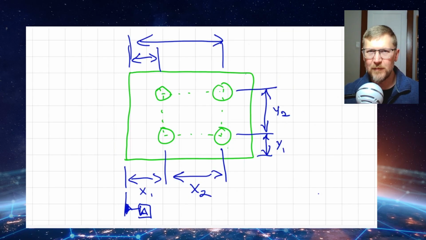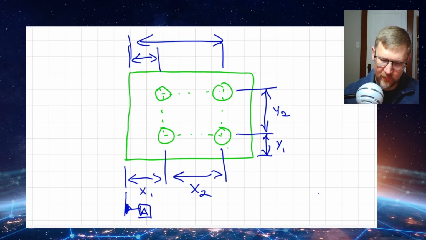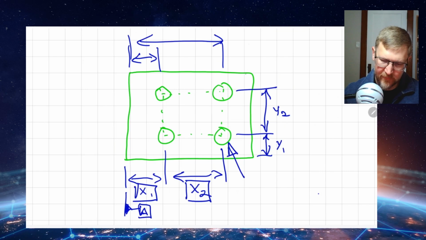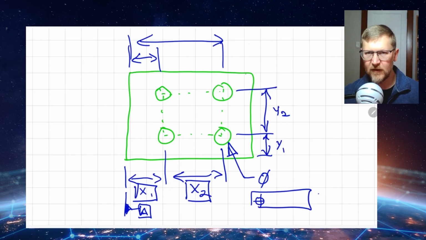Depending on the application, you may want to consider one over the other, but the most useful one is going to be using GD&T, where I actually don't even specify these. These are our basic dimensions, and then I would provide a call out for the fastener diameter, and then I would list a position tolerance.